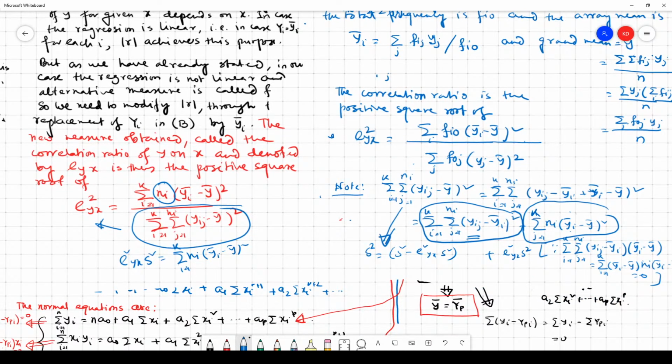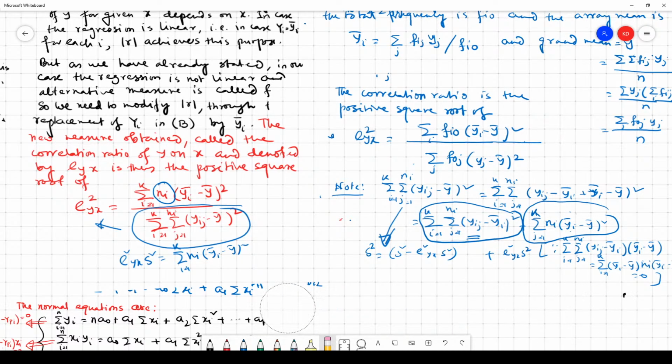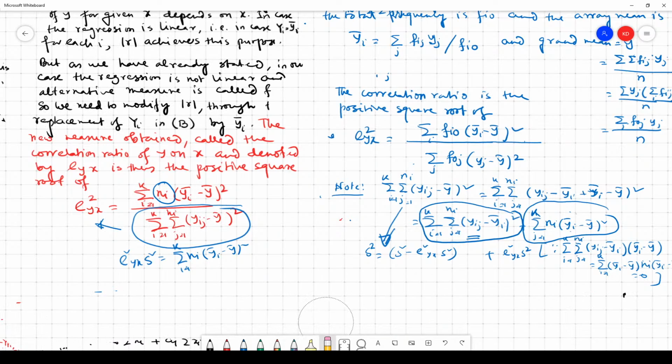So this is equal to 1 minus e square yx s square plus e square yx s square.